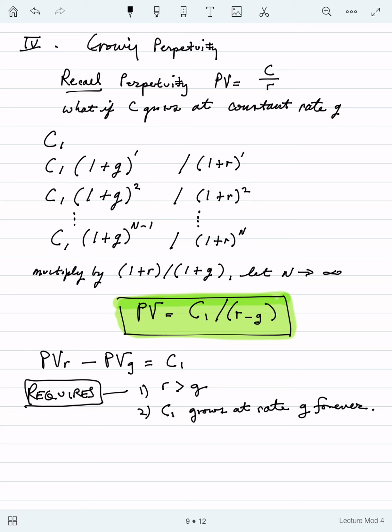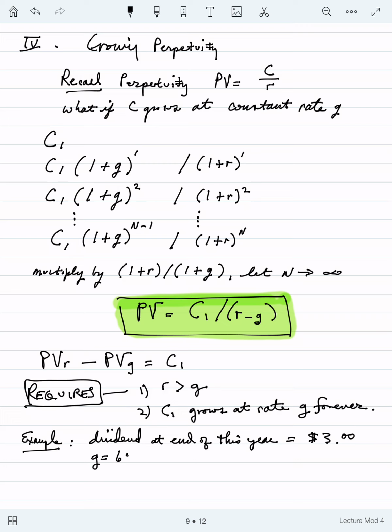Let's do an example. So you expect, let's say, a $3 dividend at the end of this year. And you think that the dividend is going to grow 6% forever.